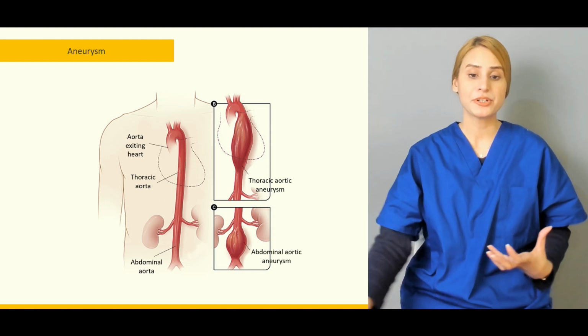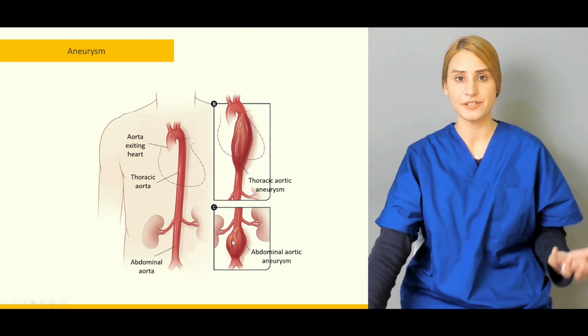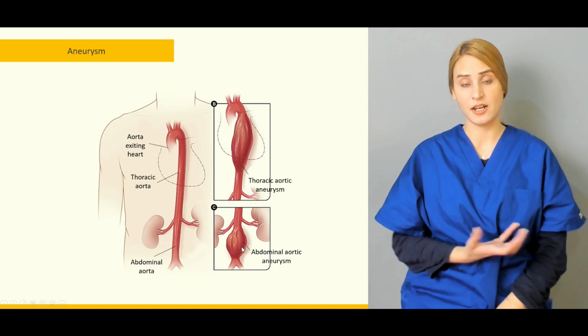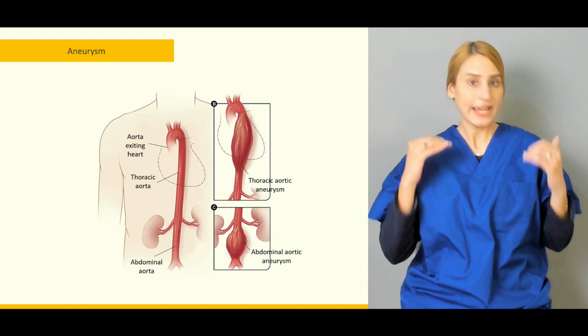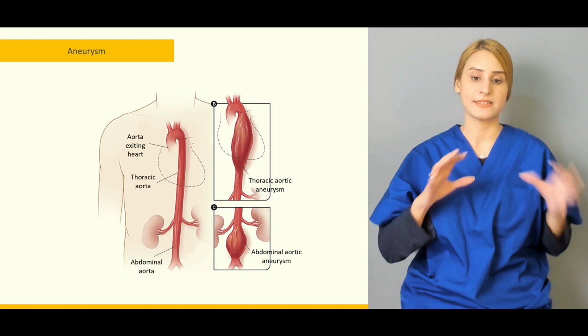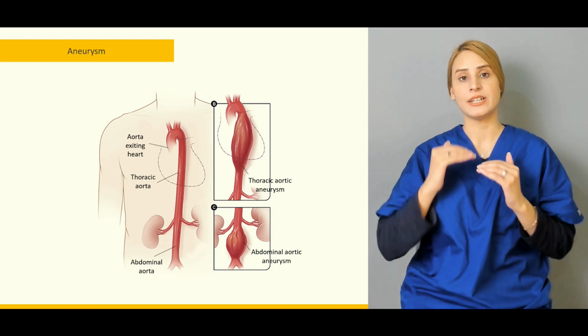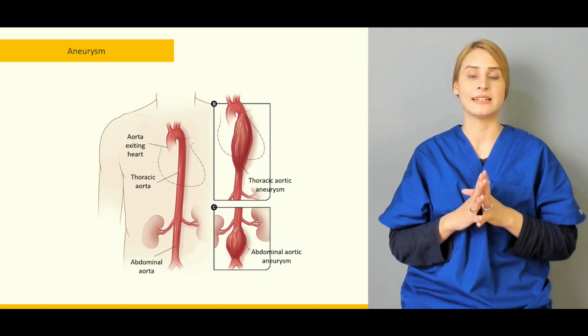In the C part of the diagram, this is the abdominal aortic aneurysm, and most of the time it is infrarenal, extending from the origin of the renal arteries to the division of the aorta into the common iliac vessels.